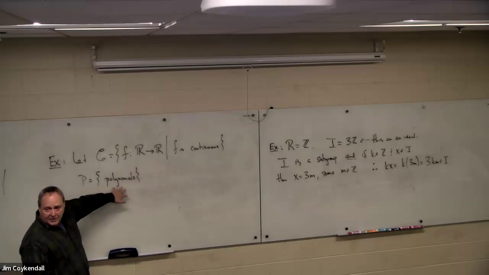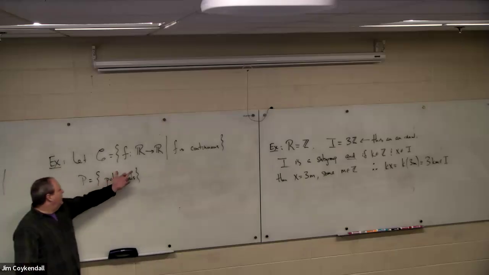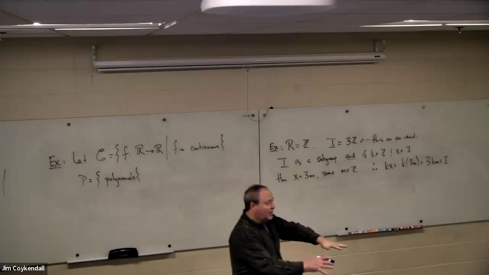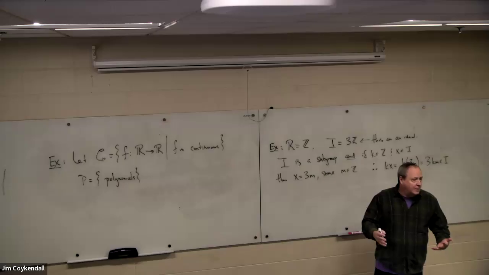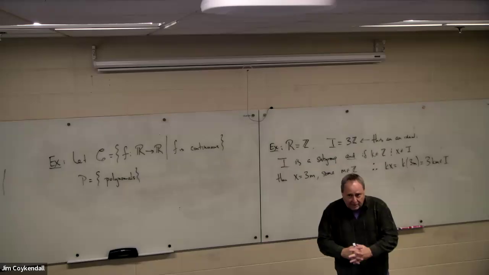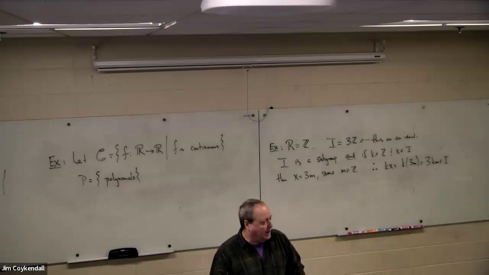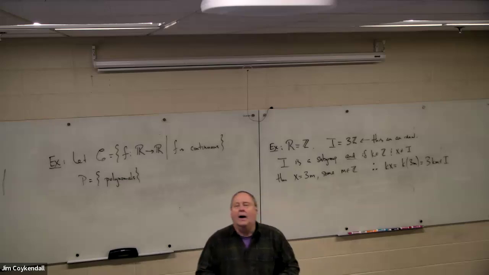Certainly, this is a great example because polynomials, we know from our days in calculus, are all continuous functions from R to R, right? Check. So not just blowing smoke, this certainly makes sense. What happens when we add or subtract two polynomials? We get a new polynomial. So it's a subgroup. Everybody okay with that? When I multiply two polynomials, I get a new polynomial. But why is it not an ideal? To be an ideal, you'd have to be able to multiply it by anything and stay inside. That's right.